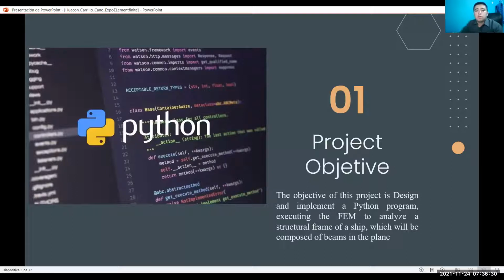The objective of this project is to design and implement a Python program executing the FEM to analyze a structural frame in the plane.